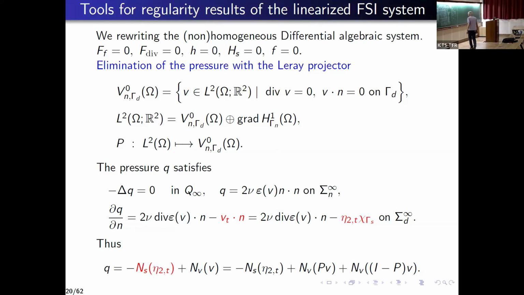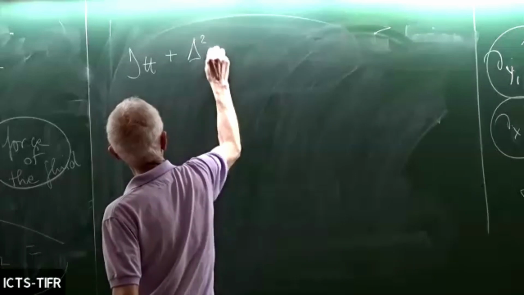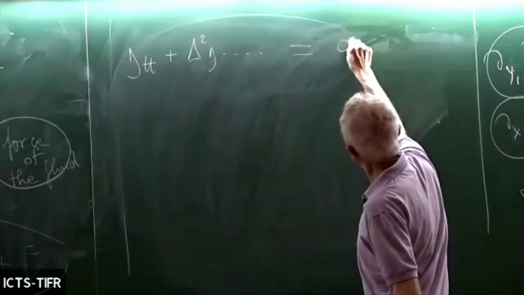When I write the equation for the displacement, I have eta tt plus the B Laplace operator and so on equal to Q.